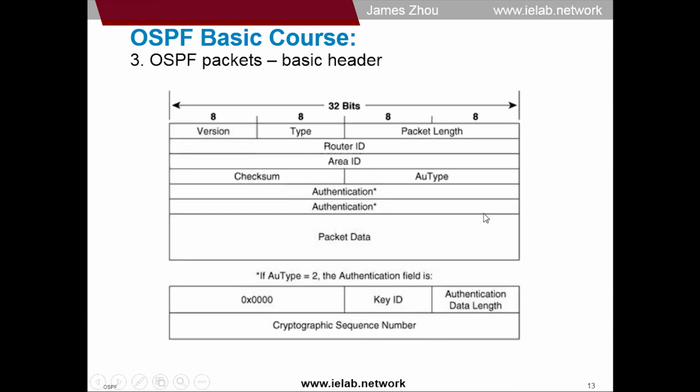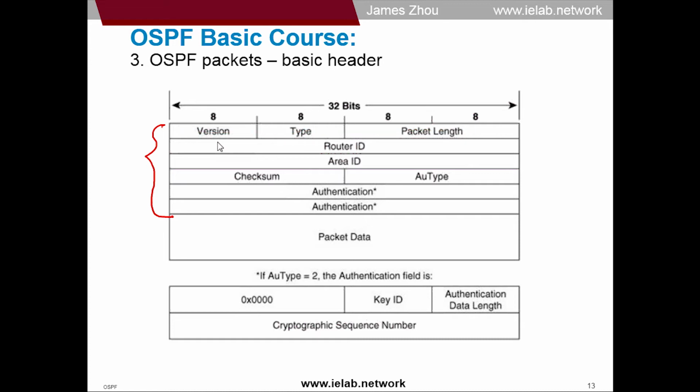Okay, go on. This is the detail of the OSPF basic header. For one packet, how do we read it? Basically, one line is 4 bytes.